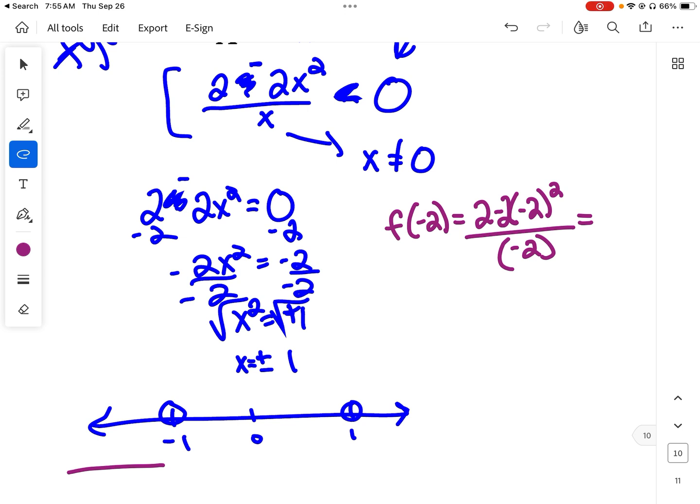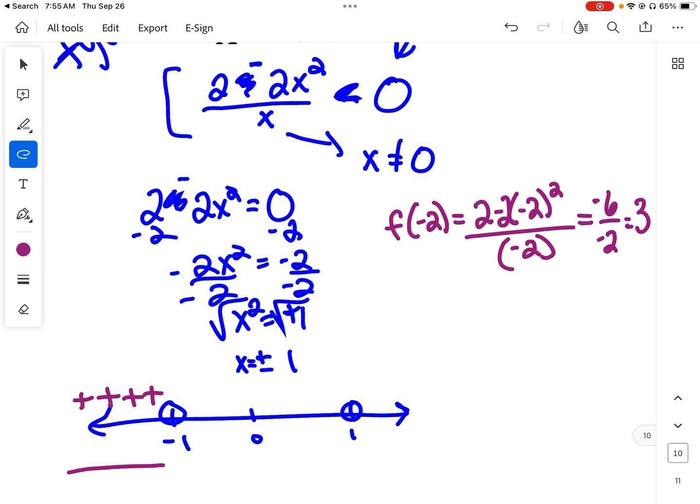Let me just put it in the calculator. 2 minus 2, parentheses, -2 squared. So it's -6 divided by -2, which is +3. Okay, so everything out this way is going to be positive.